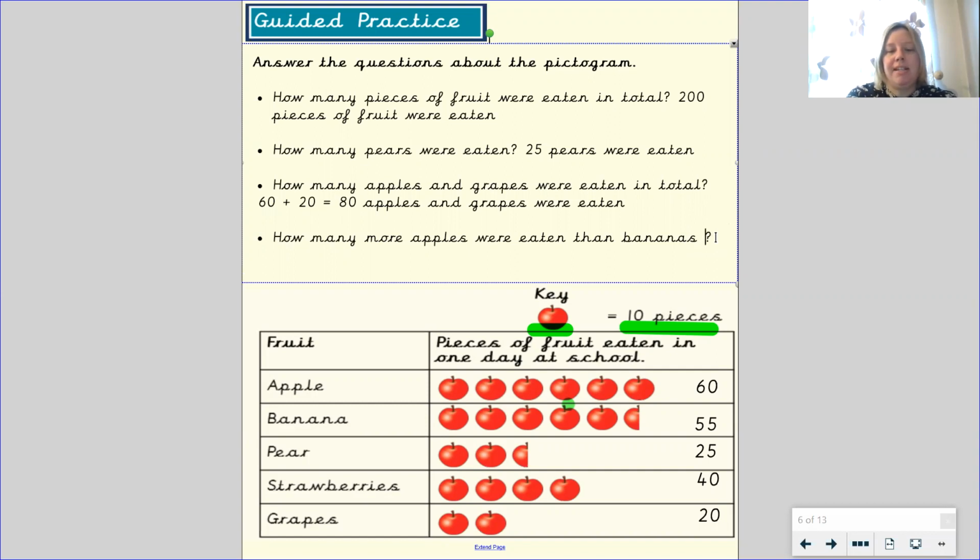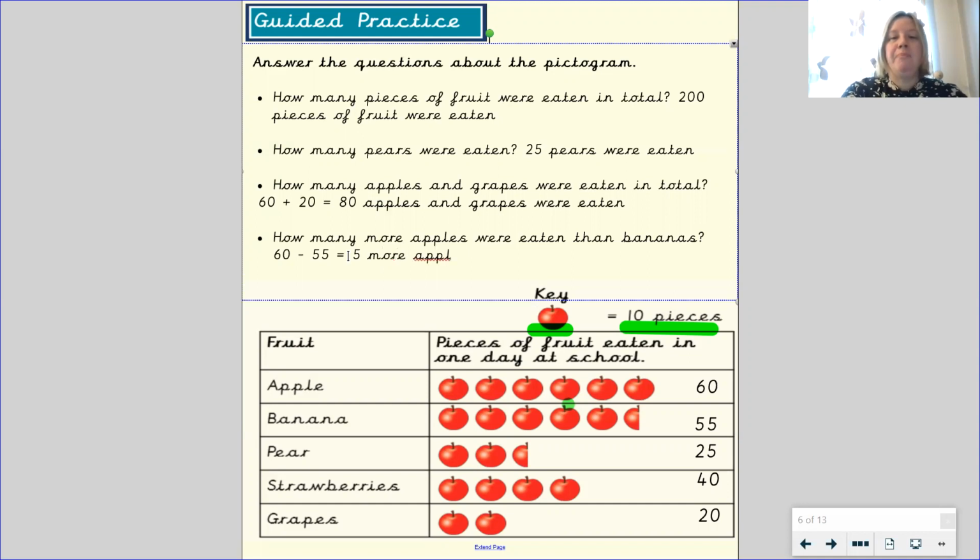I could write this as 60, because I know I have 60 apples, take away 55, because I know 55 bananas were eaten. 60 take away 55 is 5. So 5 more apples were eaten.